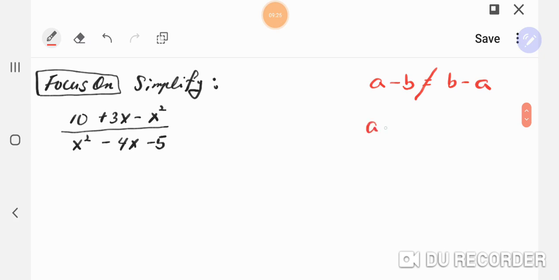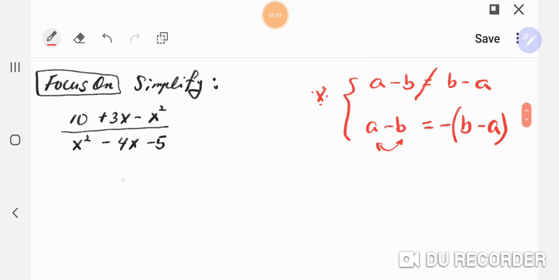Then what happens if we switch a and b, so b minus a? What do we do in order to make it the same? What you have to do is, once you switch a and b, put a parenthesis and then multiply by negative. Then this makes sense. So this is very important.